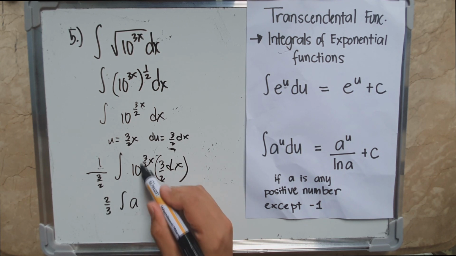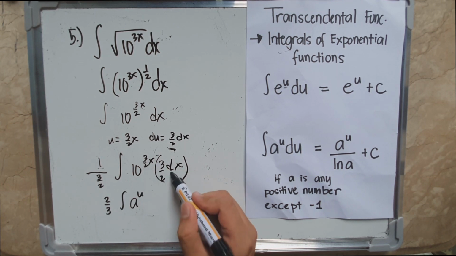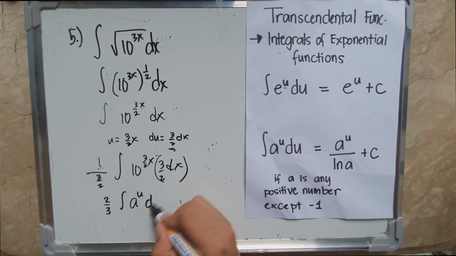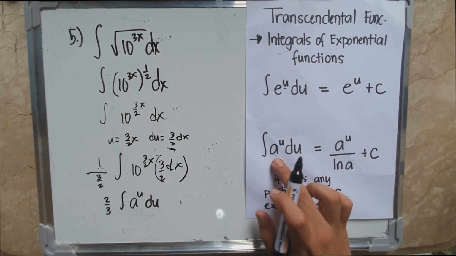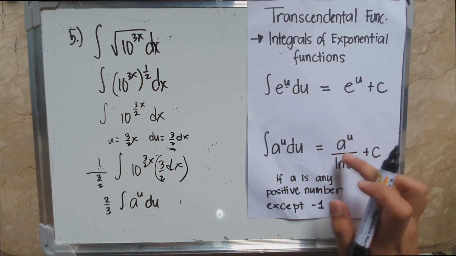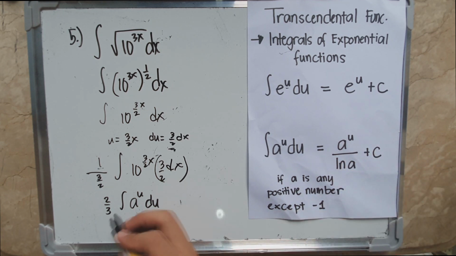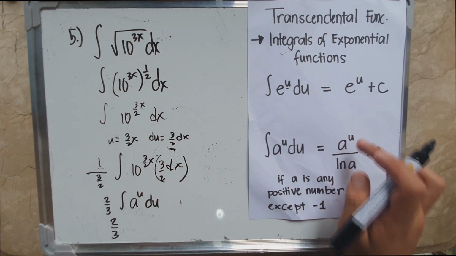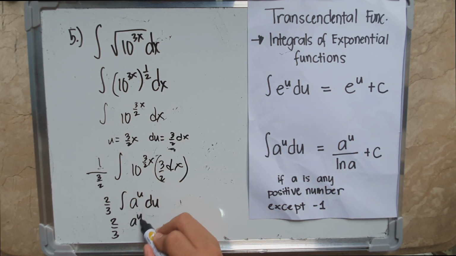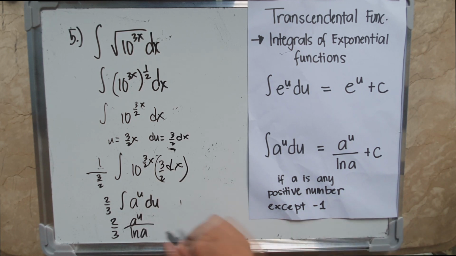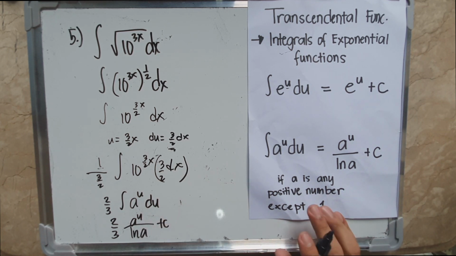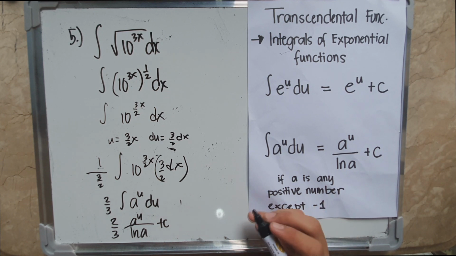Integral of a to the u. This is our u and this is the du. Integral of a to the u du, that is a to the u over ln of a plus c. So we have 2/3 a to the u whole over ln of a plus c. Okay?